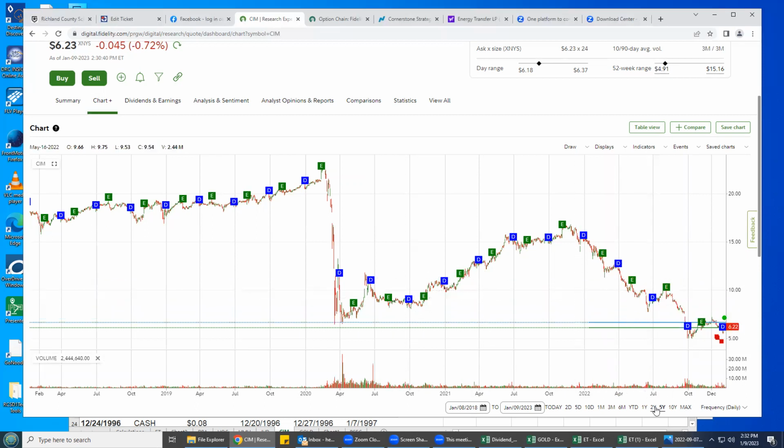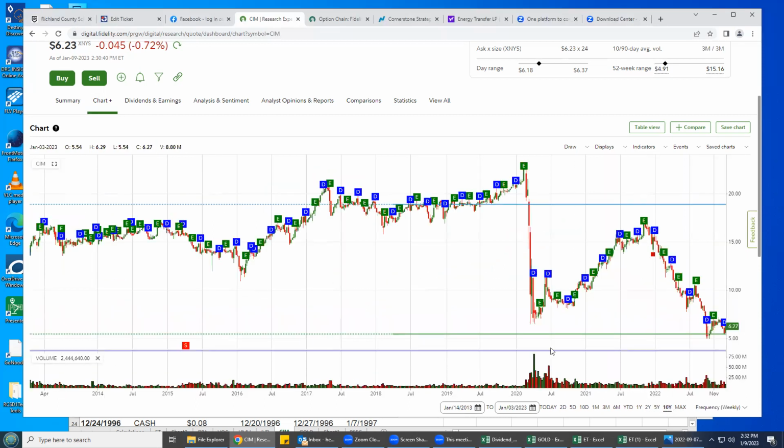If you looked at a 10-year chart, it probably looks better because it was actually kind of a 10-12% stock that was going up. It dropped there, but if you drew a line from here to there, it was constantly going up to 2020. So basically, if you started back here, it was about at $14. You can see the price over here on this side. So if you start somewhere down here, it was at 14.50, and then you had a little dip there, but basically it's going up.